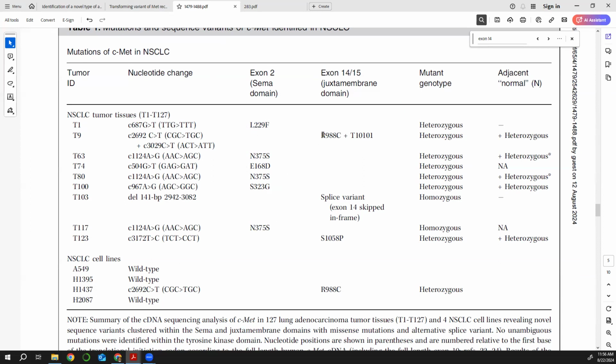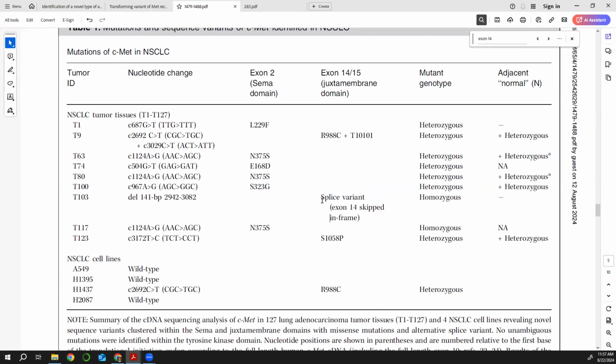Others showed mutations in the juxtamembrane domain, okay? And both of these are unusual. And this particular sample also has a splice variant that resulted in the skipping of exon 14, okay? This was an in-frame alteration, which is unusual in exon skipping events.